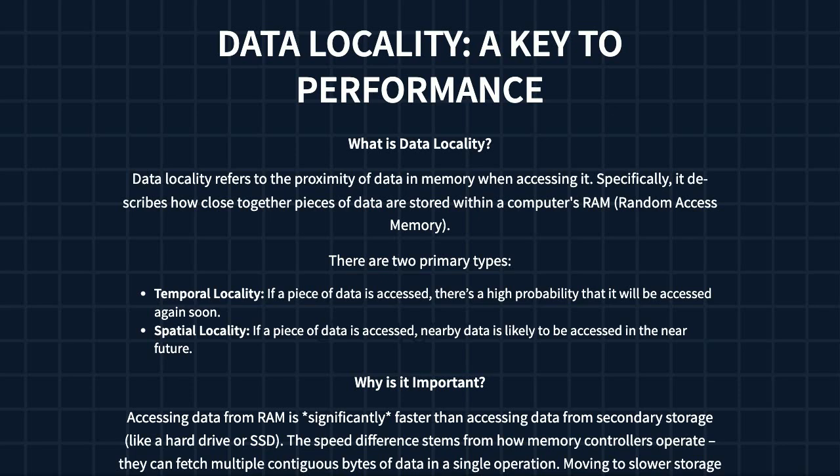The reason this matters so much is because accessing data in RAM is fast, like, dramatically faster than reading from a hard drive or SSD. When your program has to go hunting for data elsewhere, it slows everything down significantly, impacting both performance and power usage.